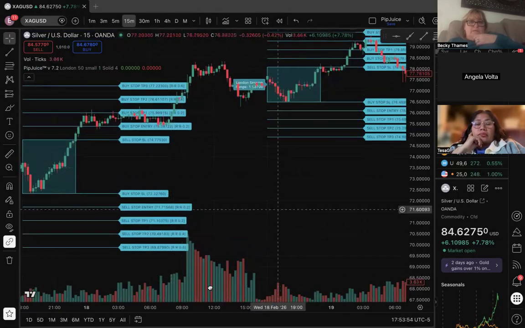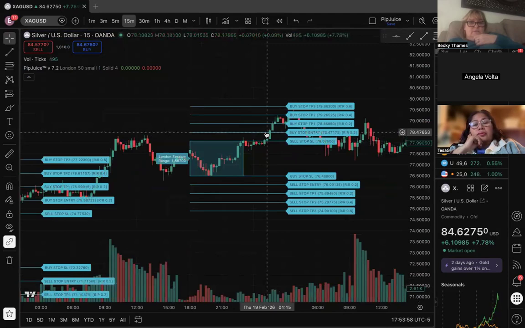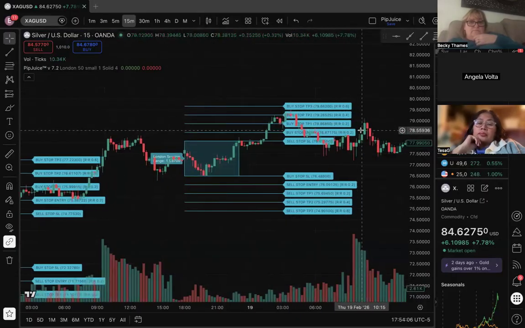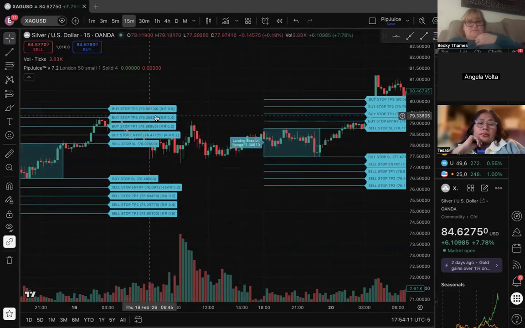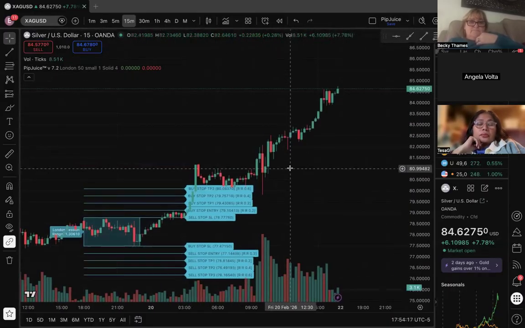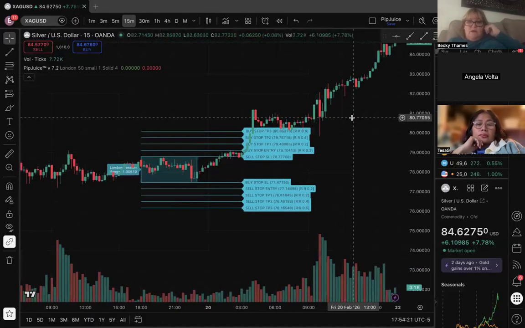Then here, it said to enter here, and it went to TP1, TP2, came back down. So you got the TP2 on that one. Next day you entered here, it went to TP3. So you can see it's pretty accurate. You just have to not have fear to take the trade.